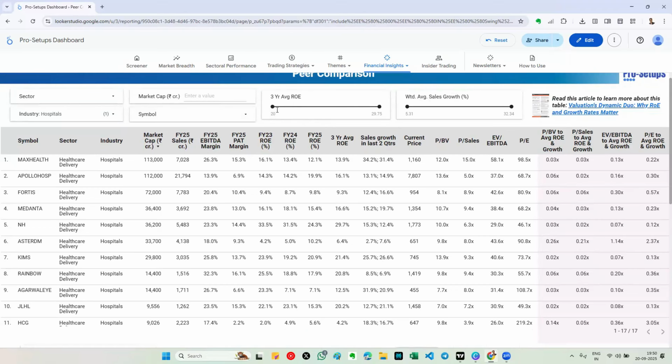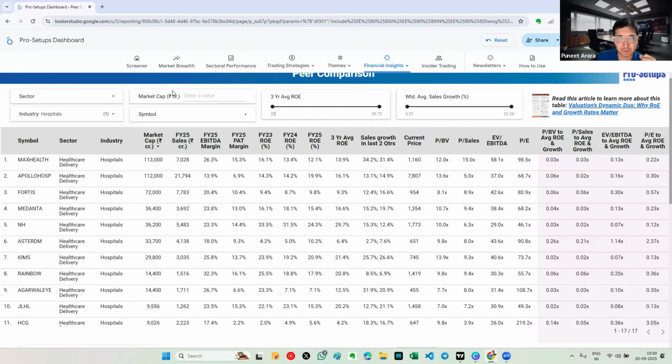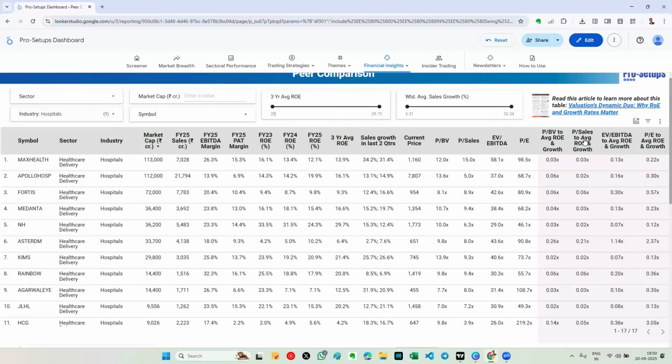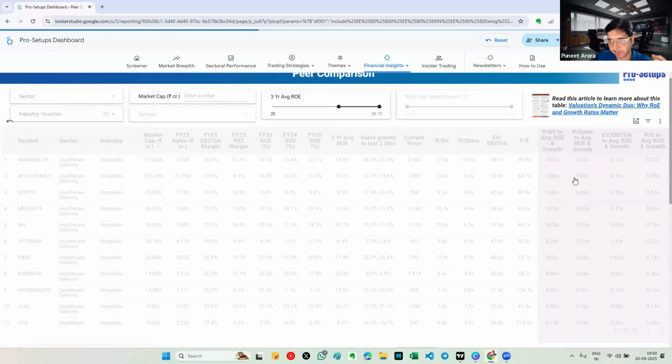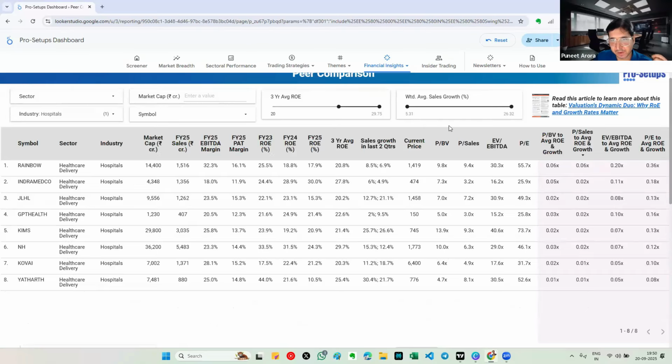But if I have to do the lowest PE to average ROE, because in some cases, if you have a lot of things, the bubble chart will become crowded. Clicking on this will sort the table. Right now we have not put in a filter wherein you can choose that the number should or should not be more than a given value. We can consider putting that filter over here also.